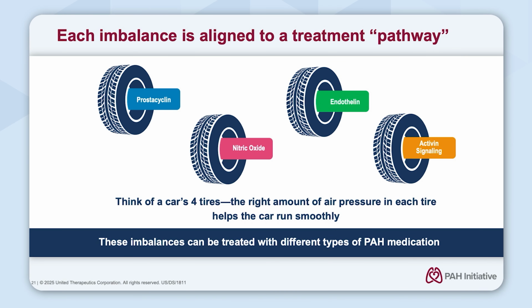So we have nitric oxide, we have prostacyclins, endothelin, and activin signaling. If you think about this, we need the right amount of air in each tire in order for our car to operate smoothly. And therefore, we target each of these individual substrates with different therapies.